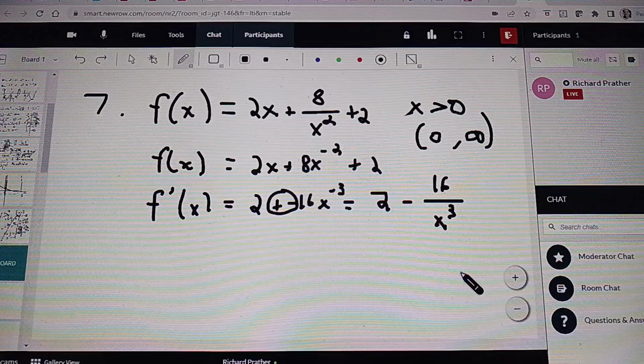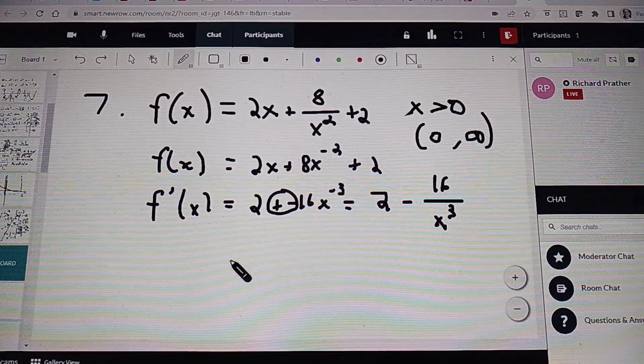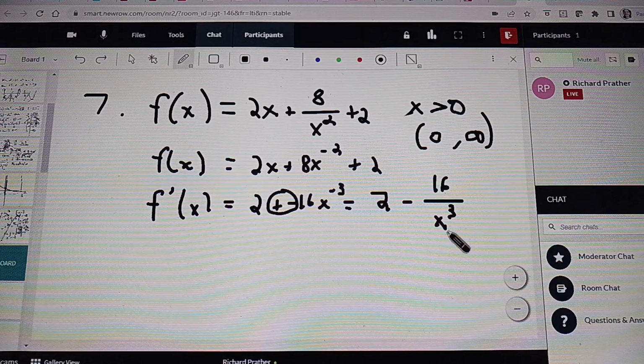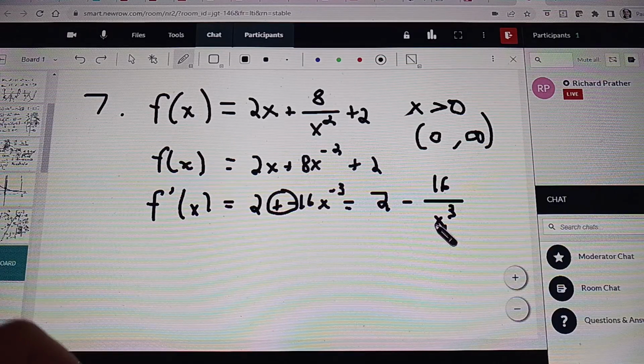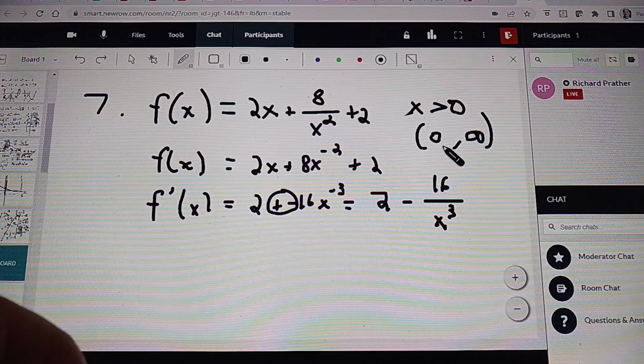So I want to know, when is this thing 0 or undefined? It's only undefined if x equals 0. That would make this denominator 0. As soon as the denominator is 0, the whole thing is undefined. 0 is the only number that makes this thing undefined, but it also makes the original function undefined. Plus, it's not even in my interval anyway.